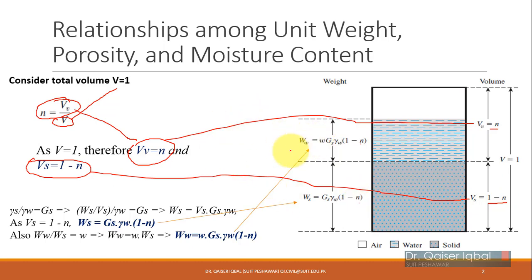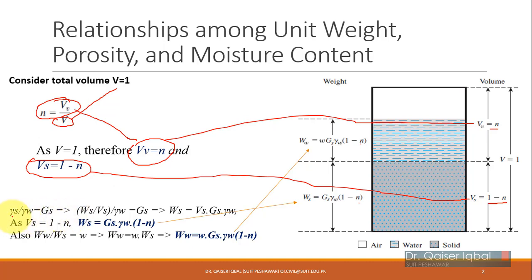So now coming to the weight side. First of all, let's determine the relationship between the porosity and weight of the soil solids. We know that specific gravity is equal to unit weight of soil solids divided by unit weight of water.